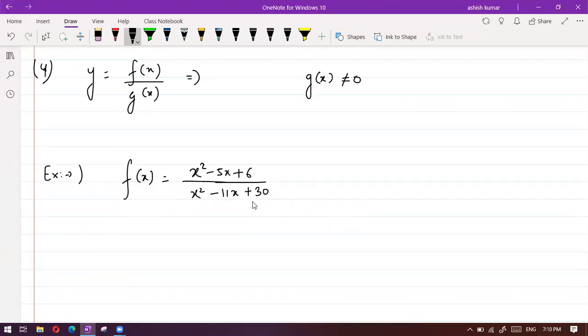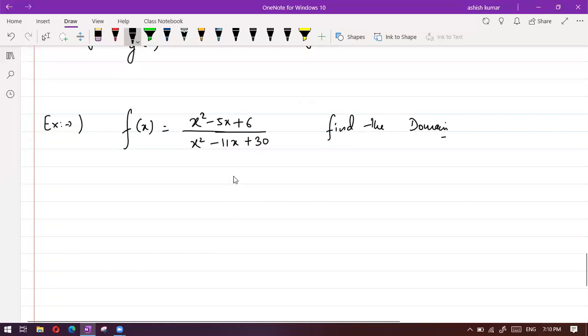This is a very simple function, and they are asking to find the domain. One thing is sure, that the denominator cannot become 0. So let's find the values where the denominator will become 0.